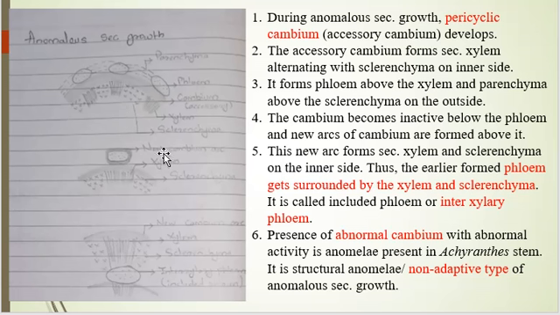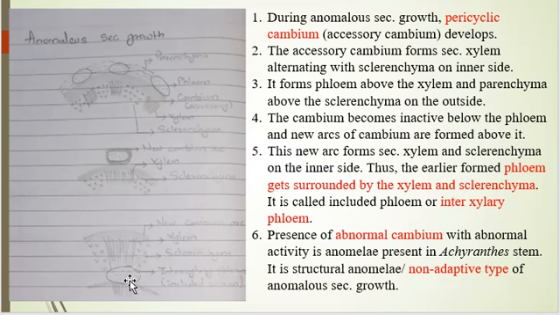But due to the inactivity of the cambium, the phloem produces the new cambium arc. Then due to this production of the new cambium arc, the phloem gets surrounded by the xylem and sclerenchyma, and it produces the interxylary phloem.